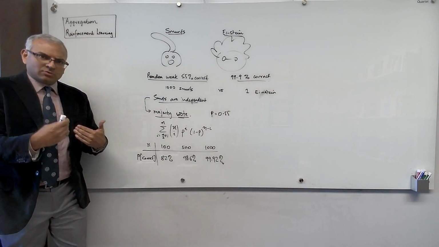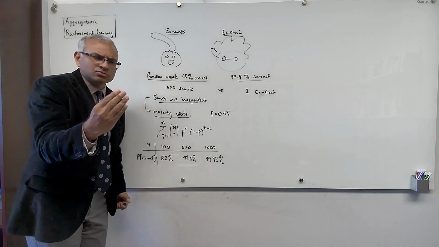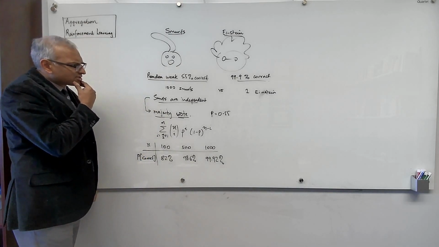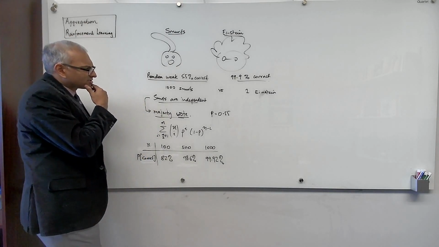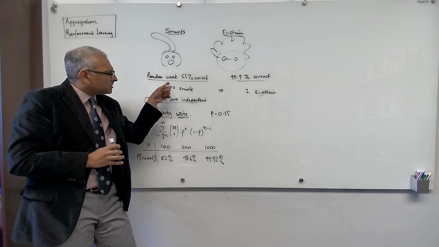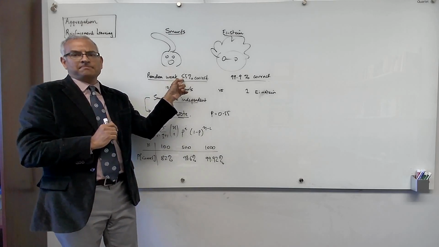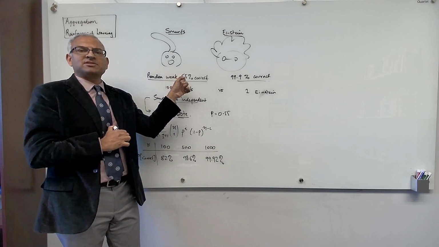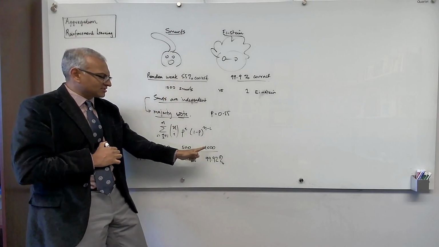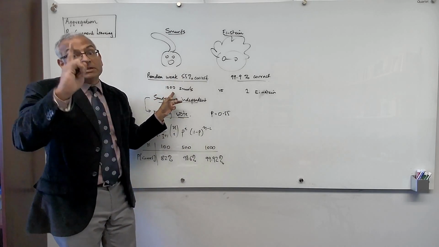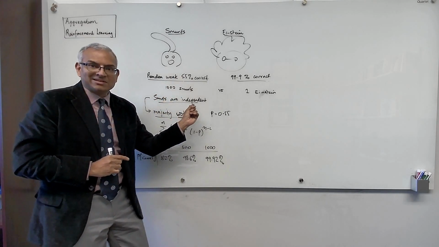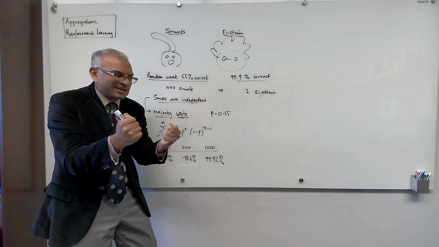Now, let me tell you what was key here. There are three keys. The first is that your Smurfs might be weak, but they're better than random. Slightly better than random, 55% correct. And you have many of them. In this case, 1,000 was enough. But the real key is the independence. So they're all giving you independent opinions.